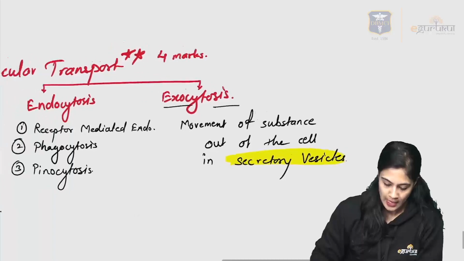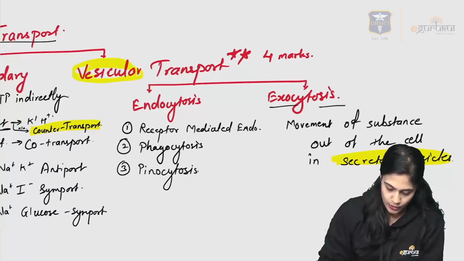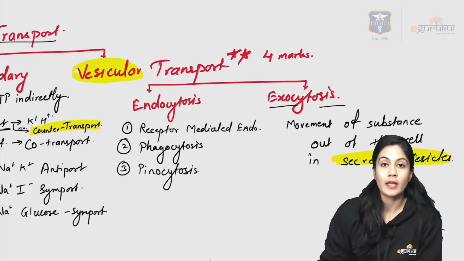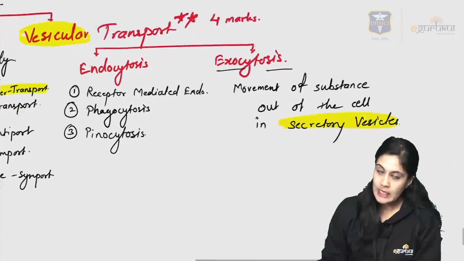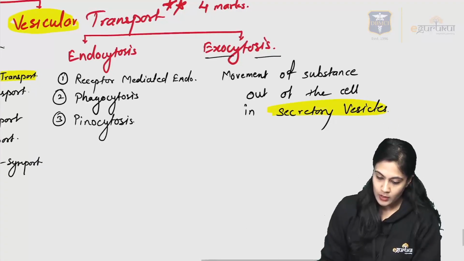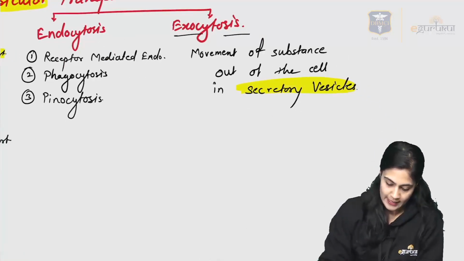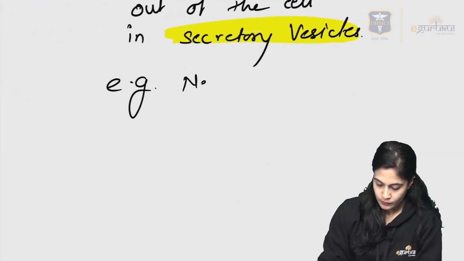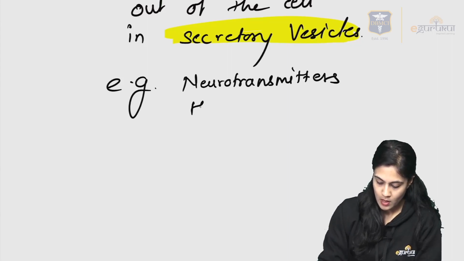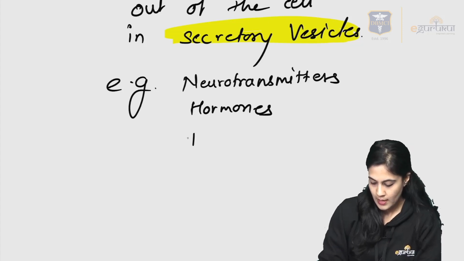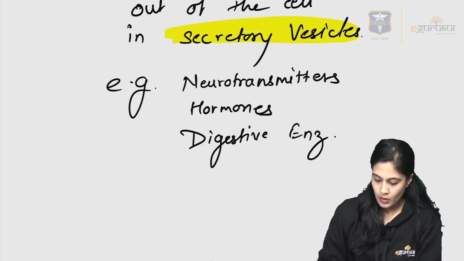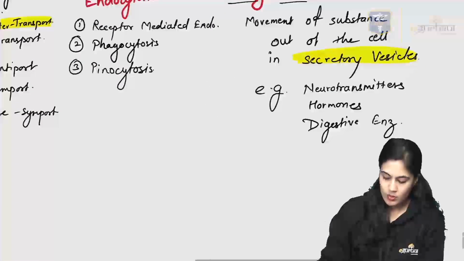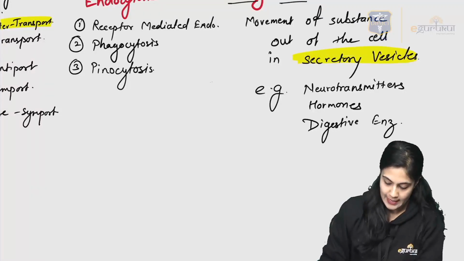The name itself suggests that it is vesicular transport, so it should be going out or coming in with the help of secretory vesicles, right. So that is about exocytosis. For the examples of exocytosis: neurotransmitters, different hormones, and your digestive enzymes. They all use exocytosis, right.